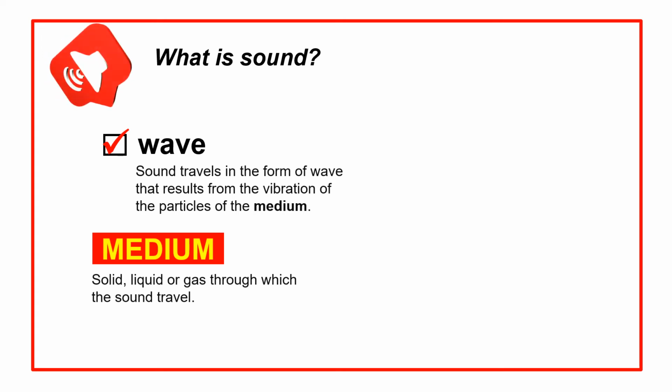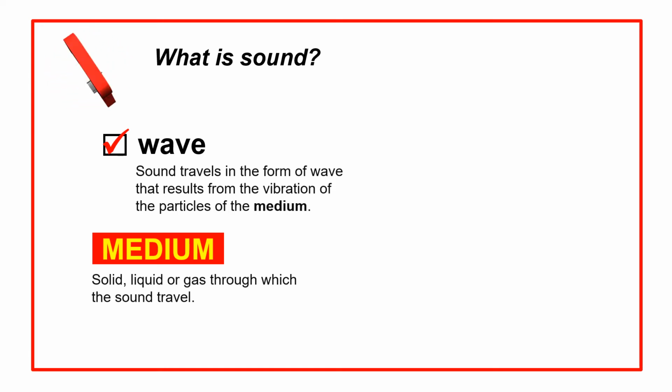So that means sound cannot travel in outer space. So if an astronaut is in outer space, he will not be able to hear the sound unless he or she has a gadget to help him or her.